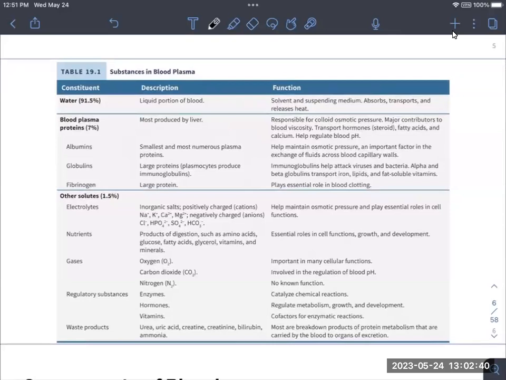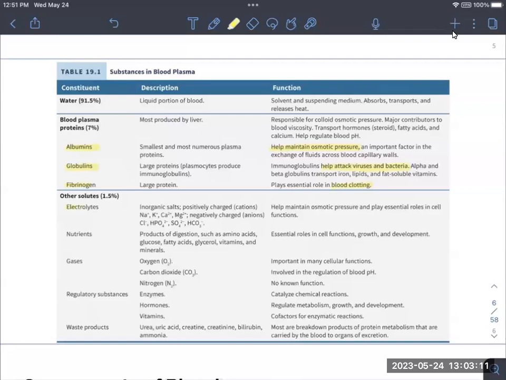Albumins help maintain osmotic pressure, making sure the blood has enough fluid in it that matches what is happening outside of the blood vessels. Globulins help attack viruses and bacteria. Fibrinogen helps with blood clotting.